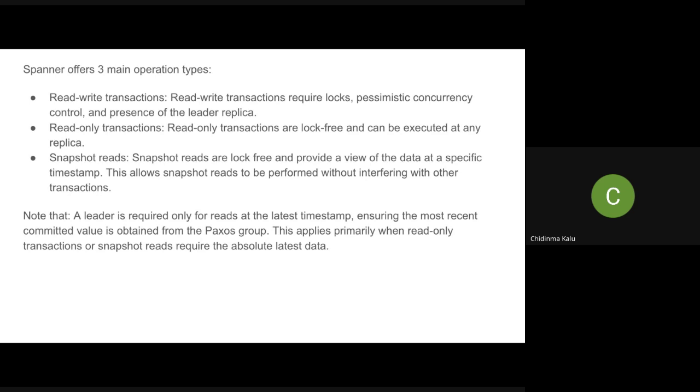However, read-only transactions are lock-free and can be executed at any replica. Snapshot reads basically provide a historical view at a particular timestamp. This allows snapshot reads to be performed without interfering with other transactions.